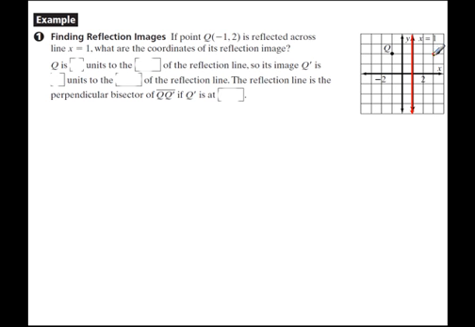So right about there. And we can see based on our x and y axis that that's at 1, 2, 3, +2. Let's go ahead and check here. It says Q is 2 units to the left of the reflection line. So its image is going to be 2 units to the right. Therefore, we get 3, 2.